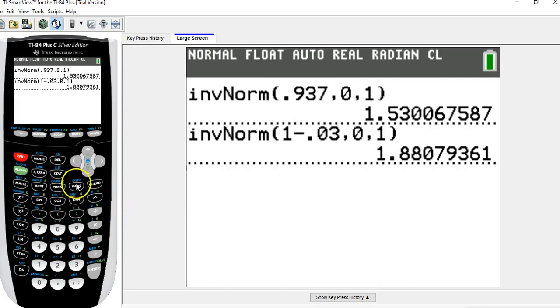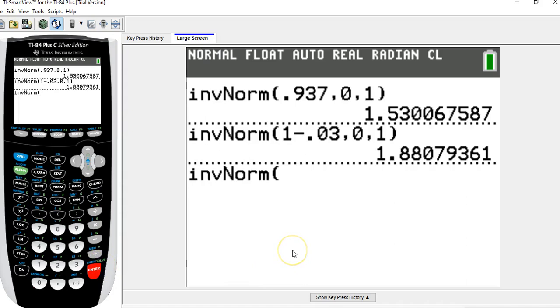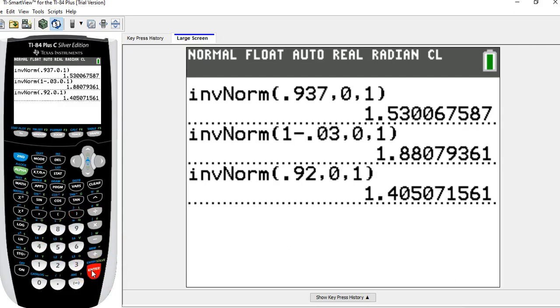So if I go distributions, InvNorm, my stat wizard is off, so I have to just kind of know what to enter. So it's 0.92 is the area to the left, comma, 0 is the mean, comma, 1 is the standard deviation, close the parentheses, and that gives me a value of about 1.405.